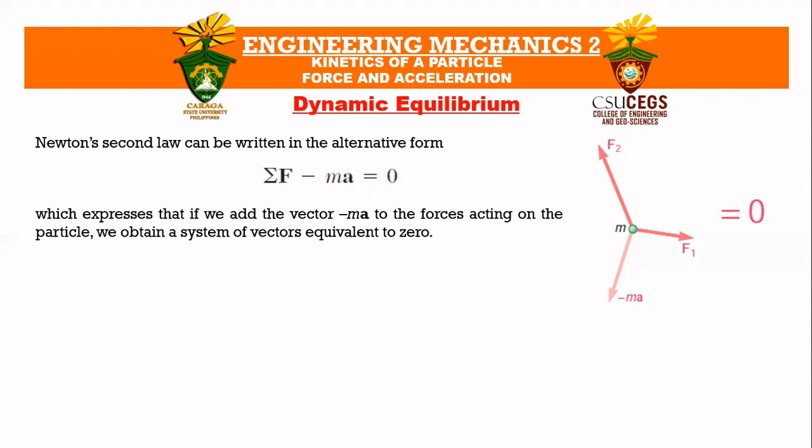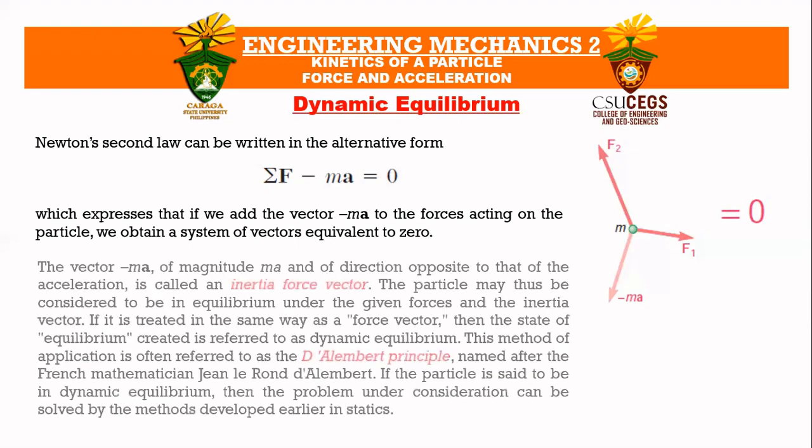Technically, the dynamic equilibrium is just the alternative form of Newton's second law, which is that the summation of forces is equal to ma. We just transpose the ma to the other side of the equation, so it becomes negative ma.